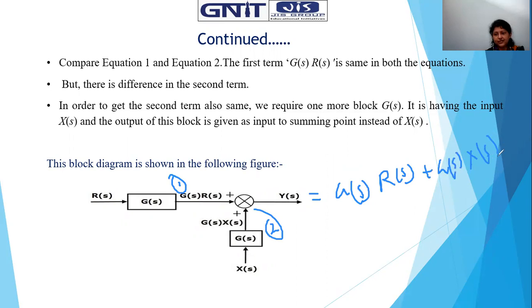That is the equation number 1 that has been accomplished. So to shift the summing point after this GS block, what is the manipulation? The signal is coming the same, so you have to multiply with GS, so there should be a block of GS transfer function, and then that will be summed up, we are getting YS. Okay, so this is the manipulation.